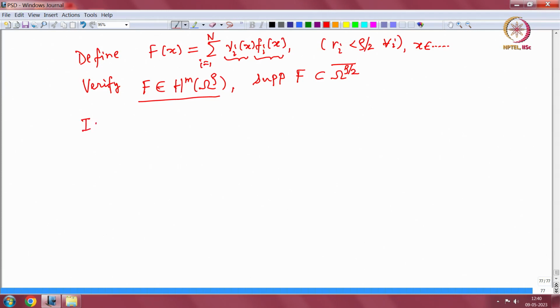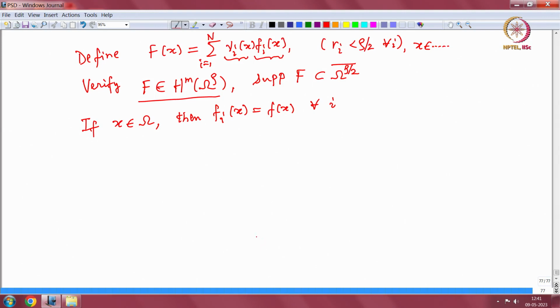If x belongs to omega, each of these f_i's is an extension of f. So f_i of x is f of x for all i, because each f_i is an extension of f.